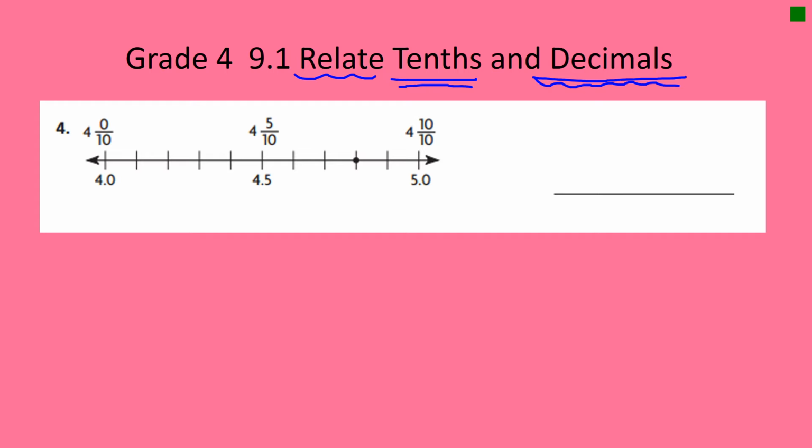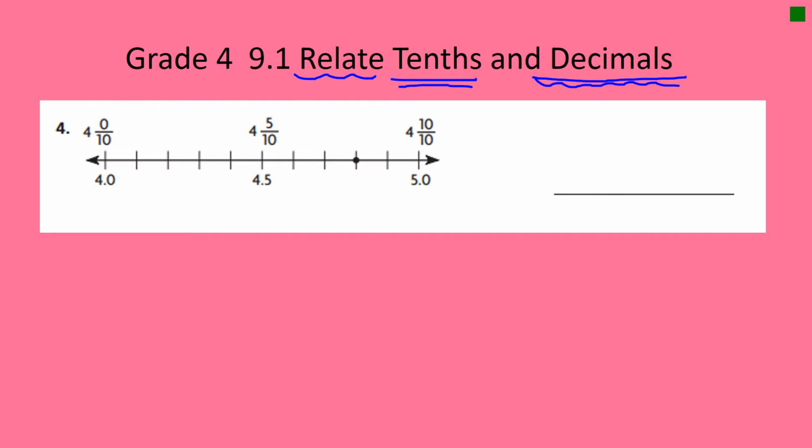And I bet you know more about decimals than you think, because if you've ever used money, I bet you have used decimals. All right, so we're going to jump down here to number 4, and I'll read you the directions. The directions say, write the fraction or mixed number and the decimal shown by the model. Okay, so this model is a number line.